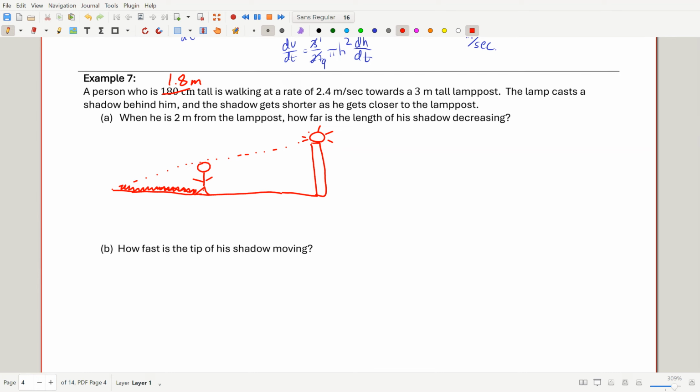So let's think about our numbers here. We'll label them, and we'll decide if they are static or dynamic. The person is 1.8 meters tall. Is that changing? No. So that's static. Yeah, right, I know. There's a spot where if you really want to argue it, well, I mean, it's changing, but not over the amount of time we're talking about.